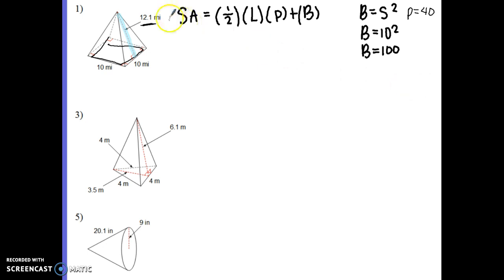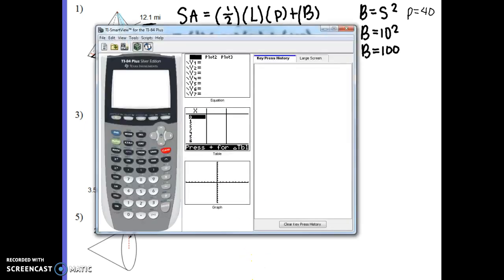Inputting what we know, it's going to be 1/2, slant height of 12.1, perimeter of 40, plus our base, which ends up being 100. Let's put all of that into the calculator. 1/2, close parentheses.